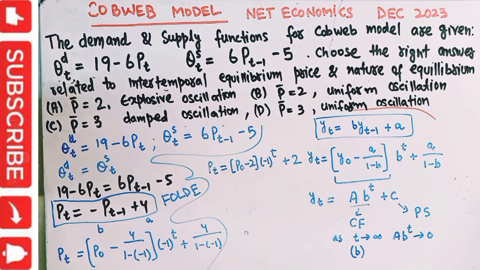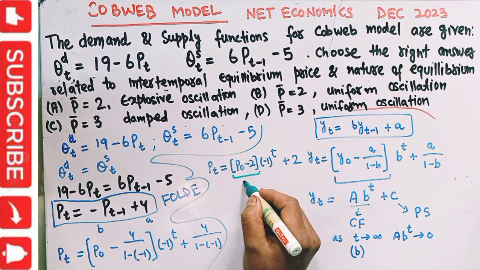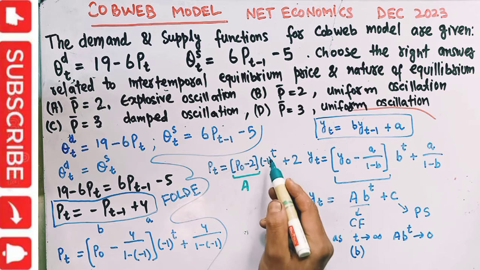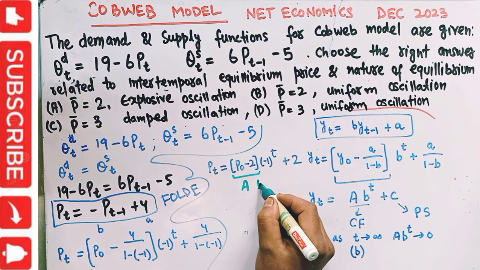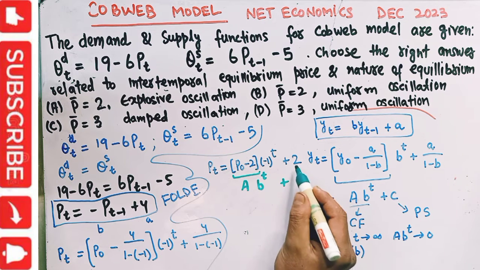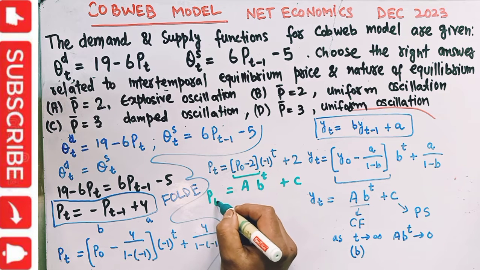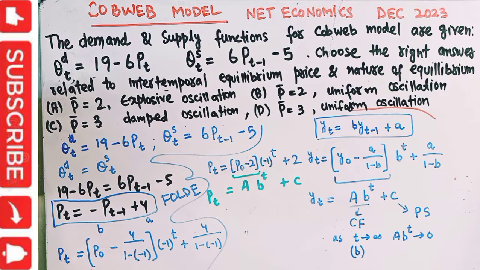Using this analogy, let us say this term denotes a, this minus 1 denotes our b raised power t, plus this 2 denotes c. Let us say this is equal to p subscript t. So this is our time path.